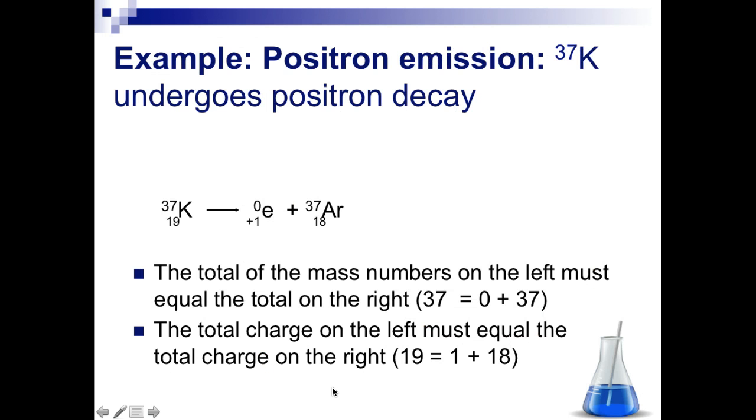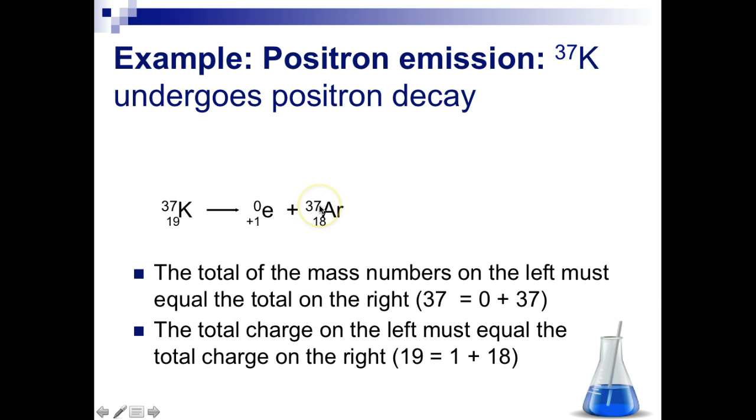So let's look at this example. K37 undergoes positron decay. Again, this will undergo a decay, so it will break down into two things. The first thing in this equation is a positron particle. We know it's not beta because it has a +1 charge. Beta has a -1 charge.